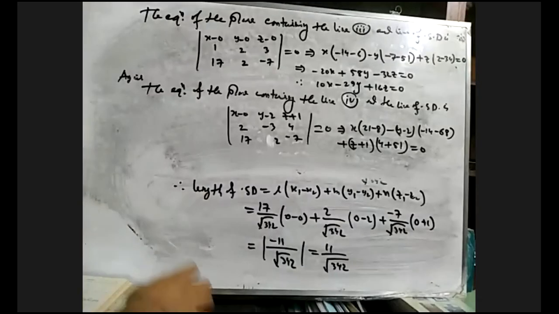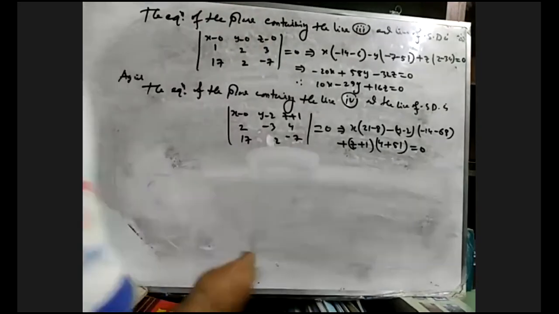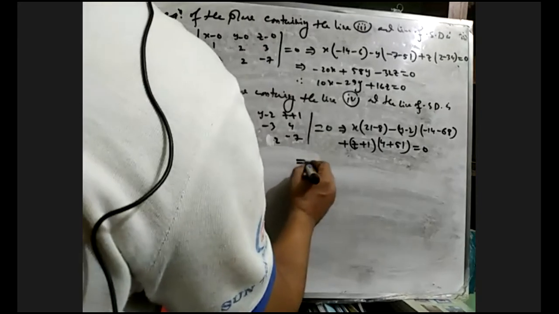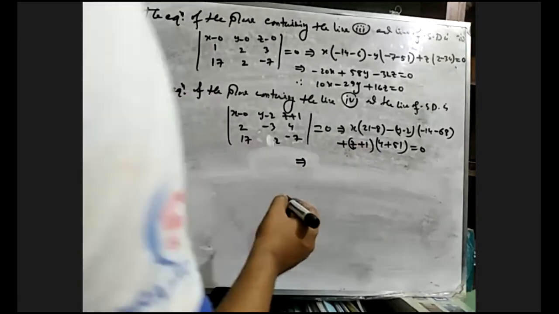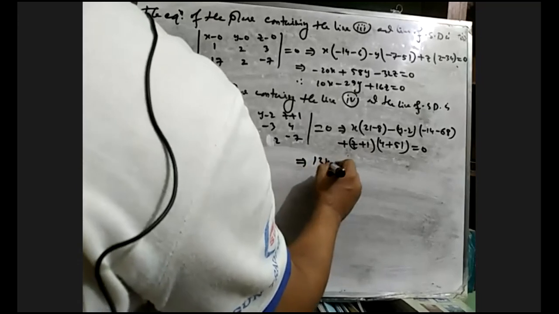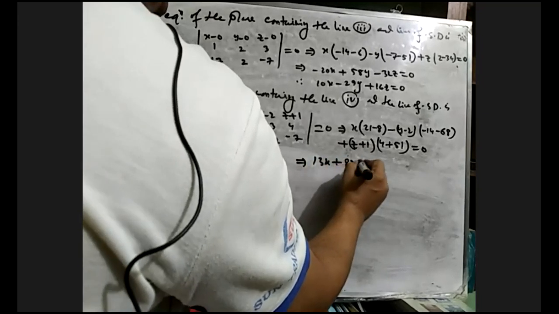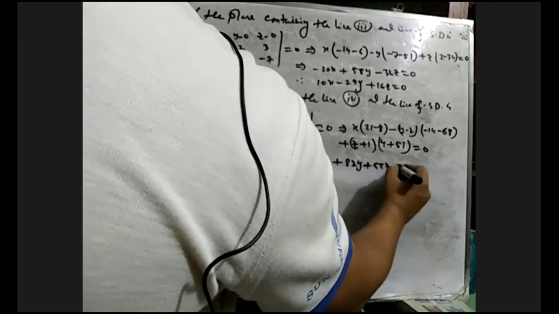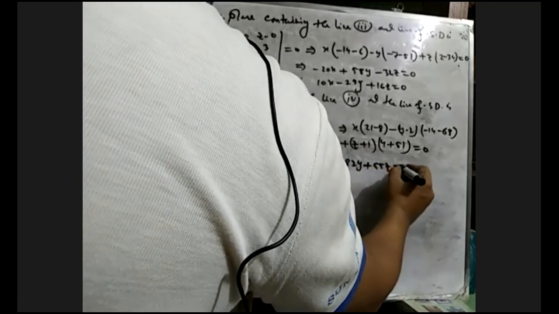This equals 0. So from this line, we get 13x plus 82y plus 55z plus 55 equals 0.